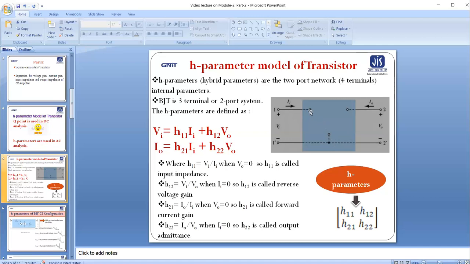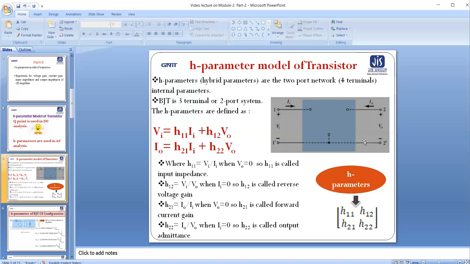Terminal 1 is the emitter and terminal 2 is the collector. Thus the BJT becomes a two-port network. Again, I am reiterating that a two-port network is nothing but a four-terminal network, and BJT, due to its three terminal configuration, will behave as a two-port network.